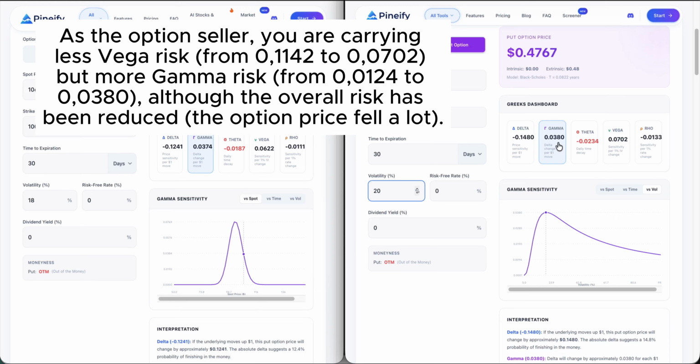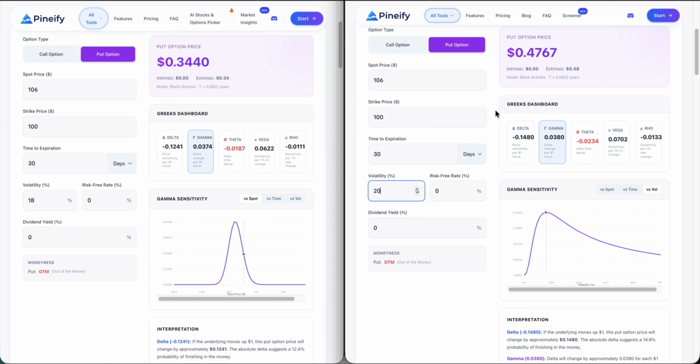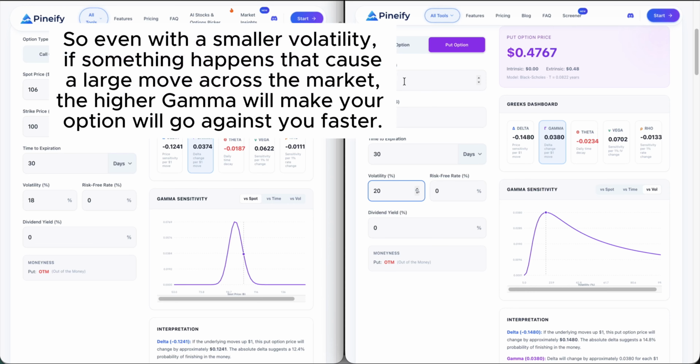And so you may think that this option has now become a very calm, low drama, 15 delta put, but it can behave like a much more dangerous one, simply because even though the Vega is now lower, so the volatility does not make much of a difference, the gamma is now higher, and this can reflect a more dangerous situation because the delta is smaller but now much spikier, and any change in the price, if it happens, is going to change the delta much more because of the increase in the gamma.